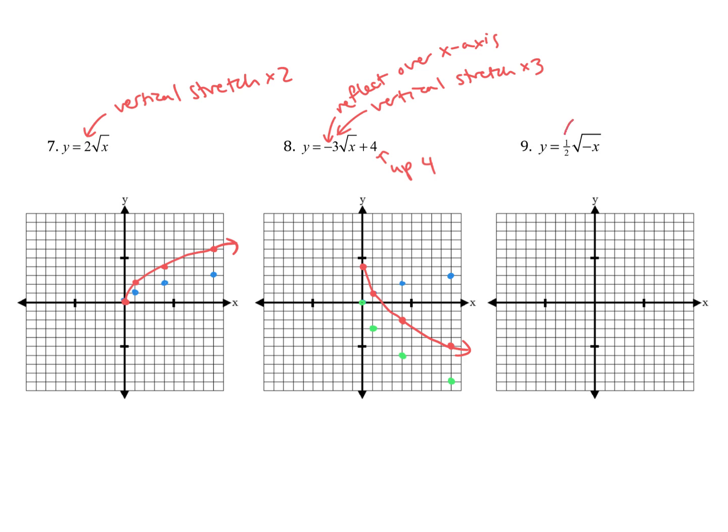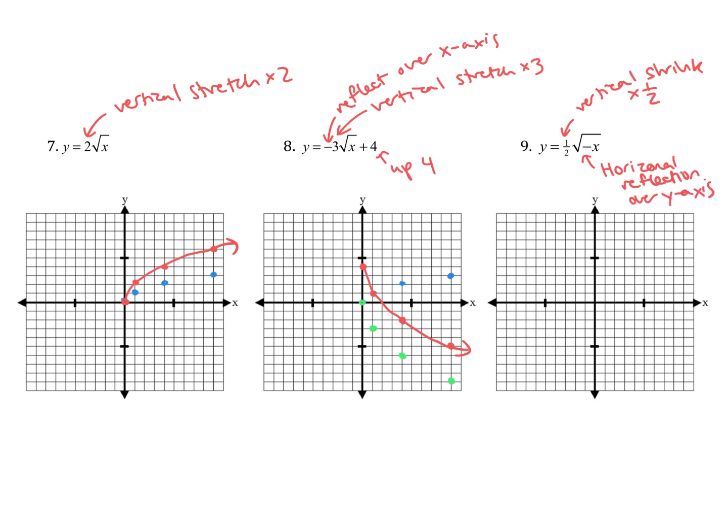In number 9, we have a vertical compression by half, or we could call it a shrink. So the y coordinates are going to get half as tall. And we also have a horizontal reflection because we have a negative inside, which is about the y-axis.